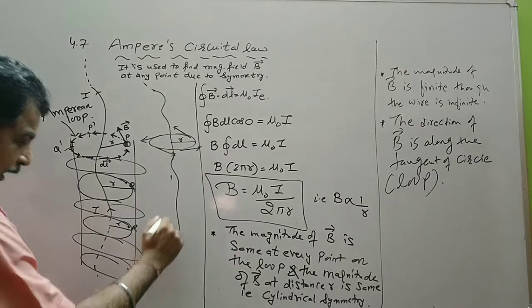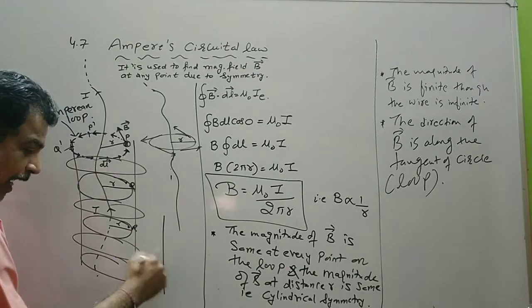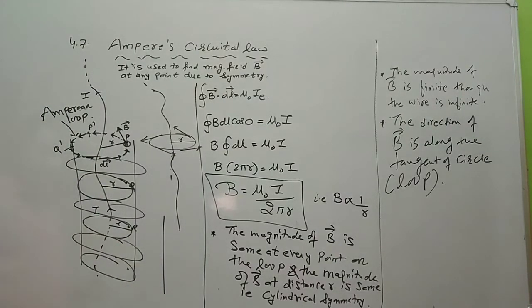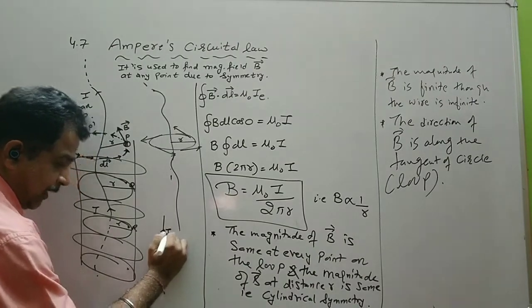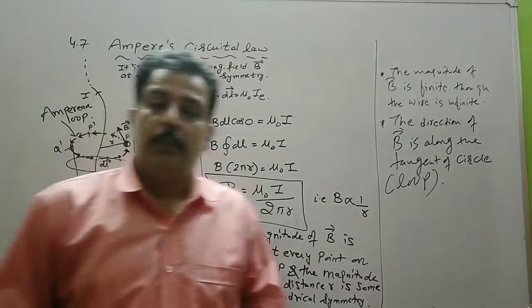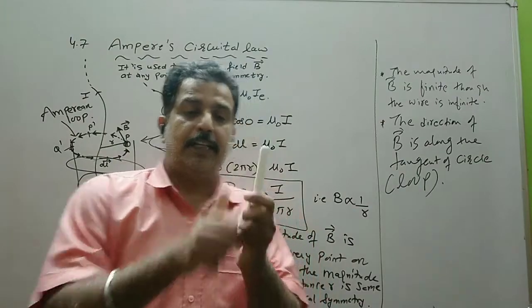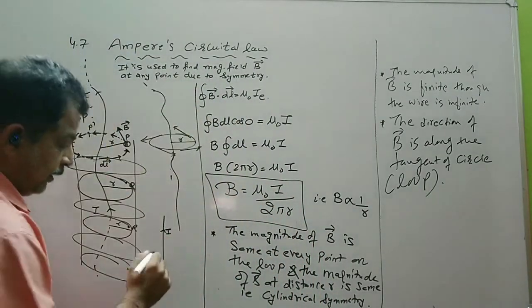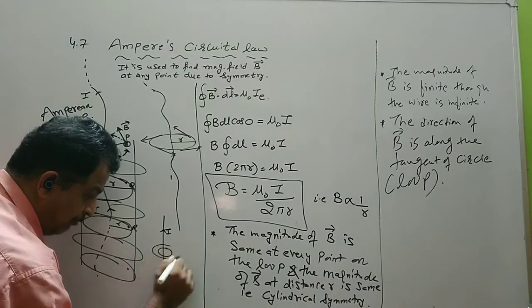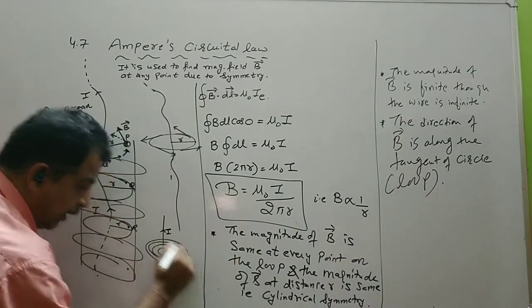It was found that when iron filings are spread around a wire carrying current I, in the starting we have seen that if you sprinkle iron filings, they arrange themselves in concentric circles.